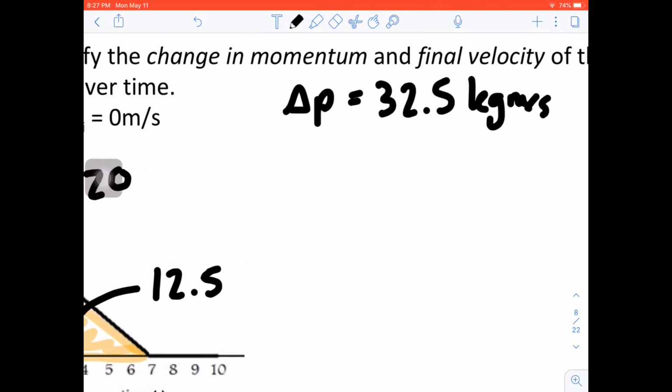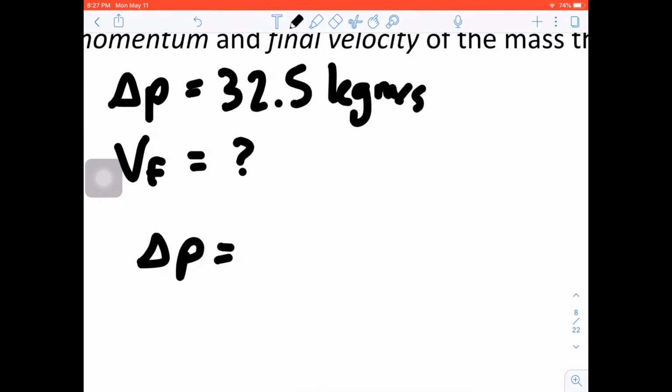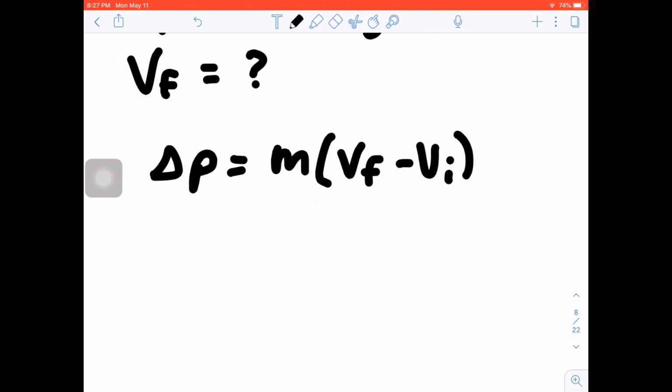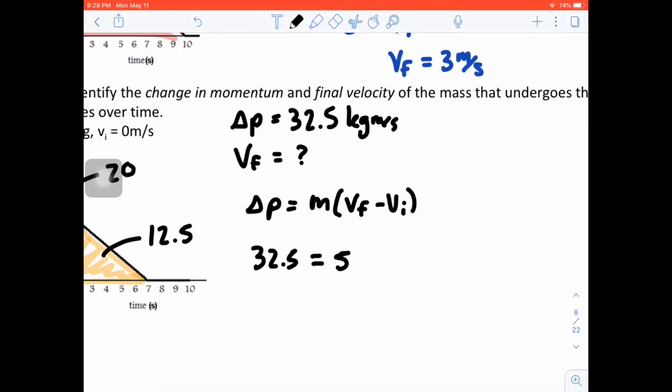And they would like to know the final velocity, so let's solve for that also. Delta P equals Vf minus Vi, and the mass, was it... no, it's 1 kilogram.